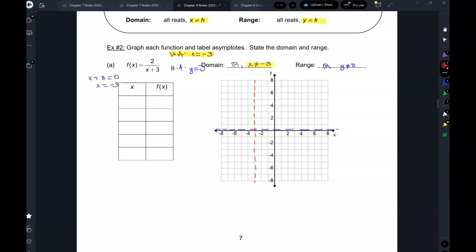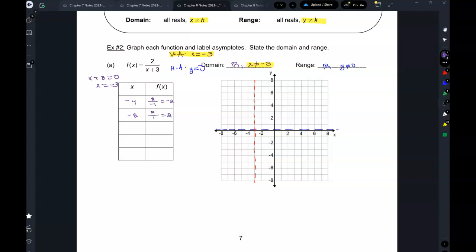Go here and pick points to the left and to the right. I'm going to pick negative 4 and negative 2. When x is negative 4, this is going to be 2 over negative 1, negative 2. And for negative 2, 2 over 1, positive 2.